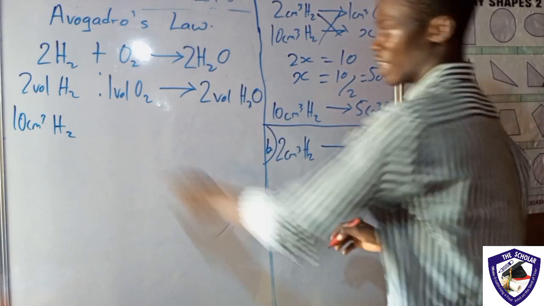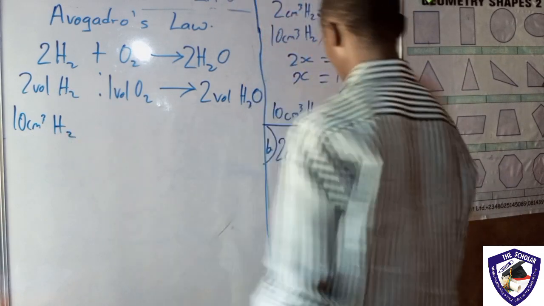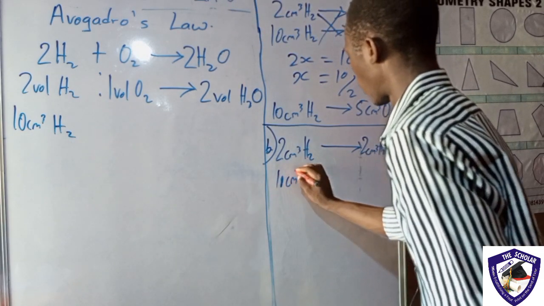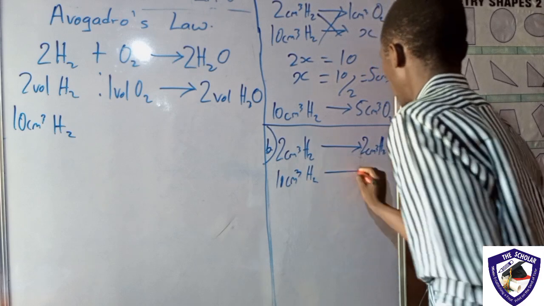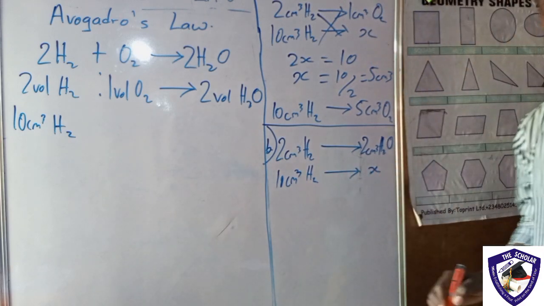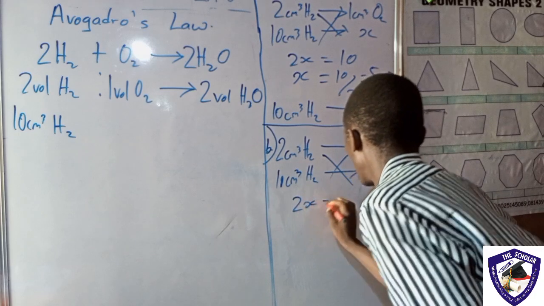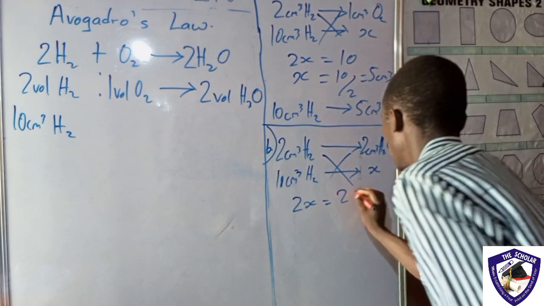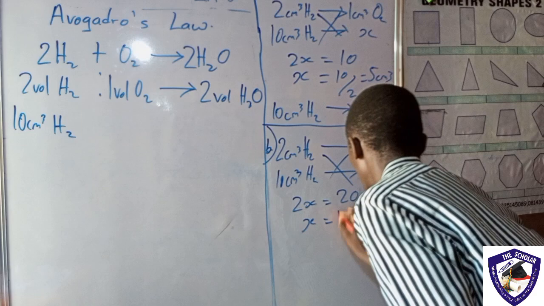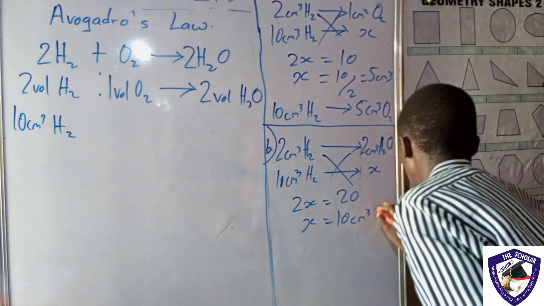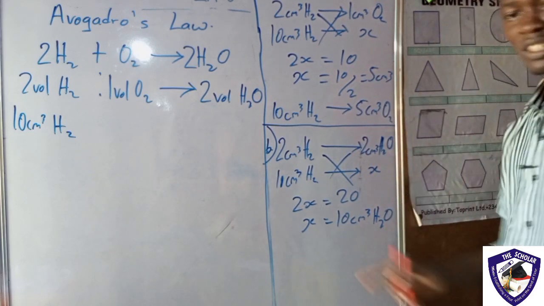Are you with me? Now 10 centimeter cube of hydrogen will give us X. If you cross multiply, we have 2X equals 10 times 2, 20. Our X is equal to 10 centimeter cube of H2O. This is for hydrogen.